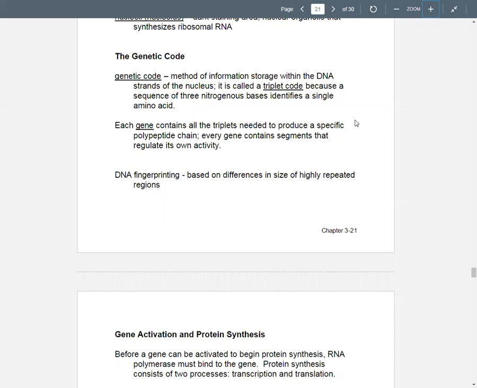But I'm basically making sure you know these. So your overall method of storing information inside your DNA and your nucleus is called a genetic code. And specifically, it's called a triplet code because each amino acid, remember that, is a building block or monomer of protein, is identified by a sequence of 3 nitrogenous bases, which remember is a component of a nucleotide.